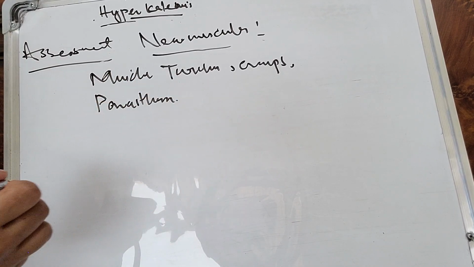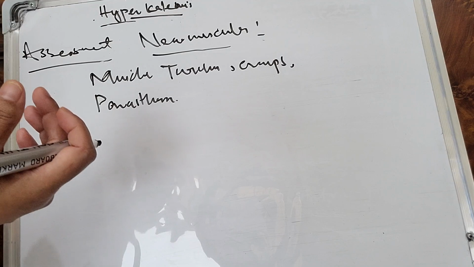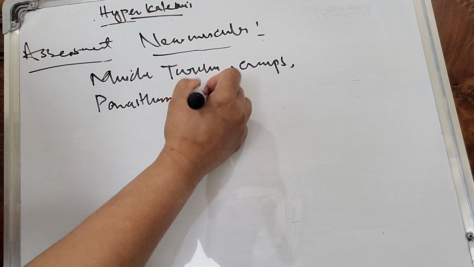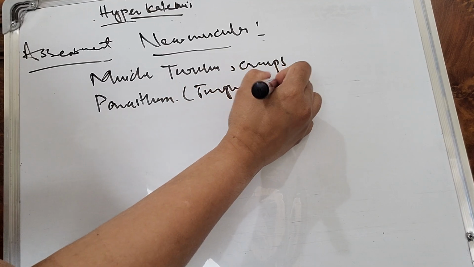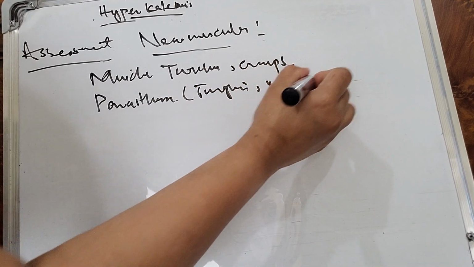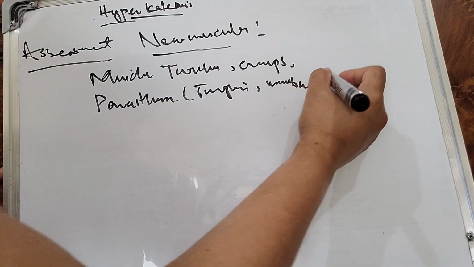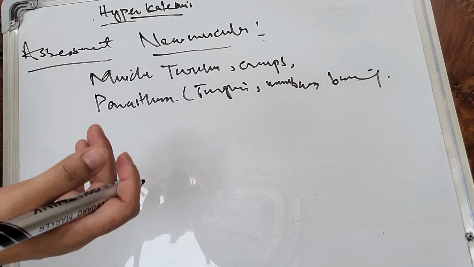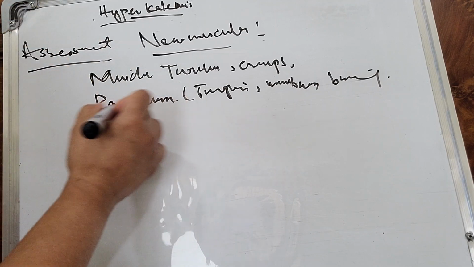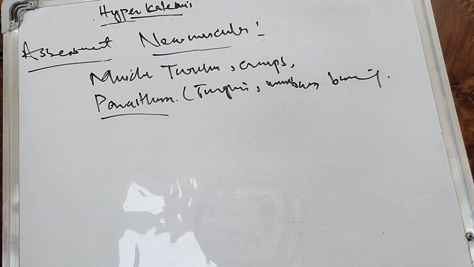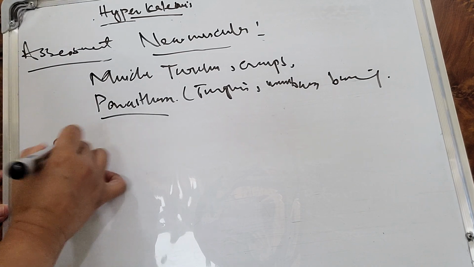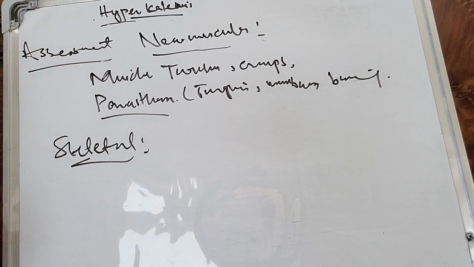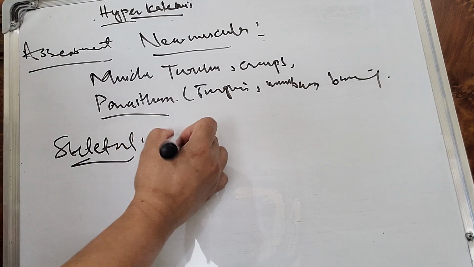What is paresthesia? Tingling, numbness or burning in the hands, feet and around the mouth. That is paresthesia.